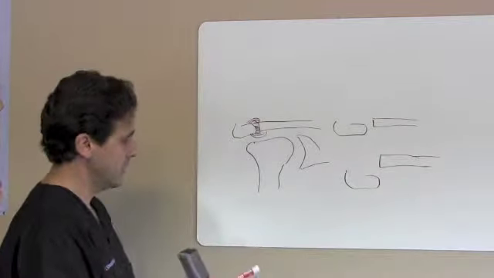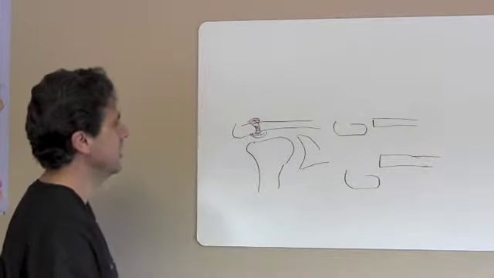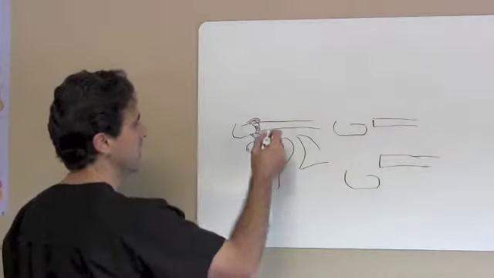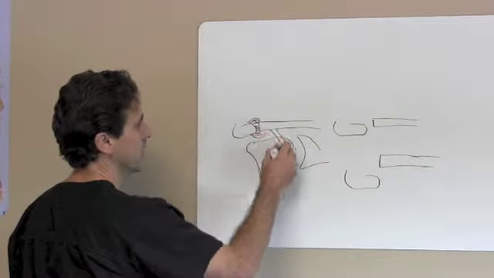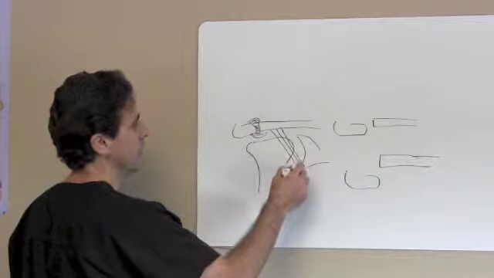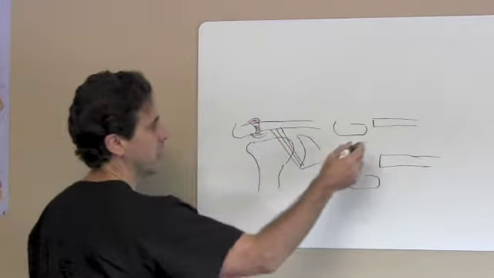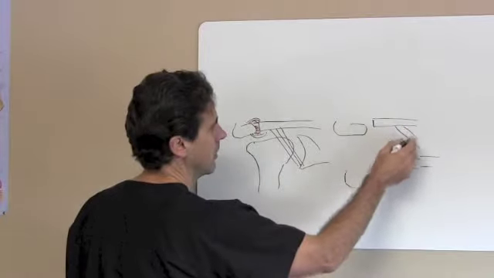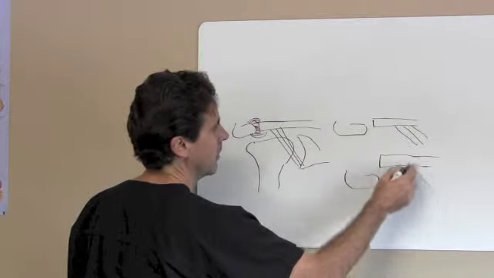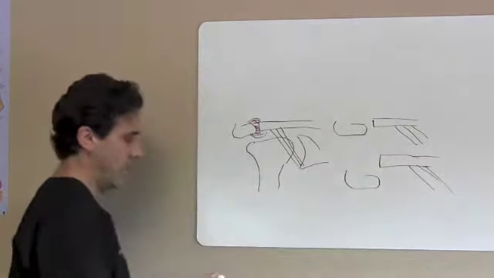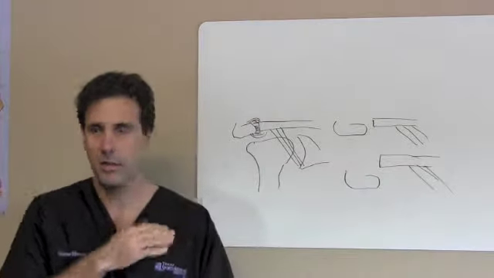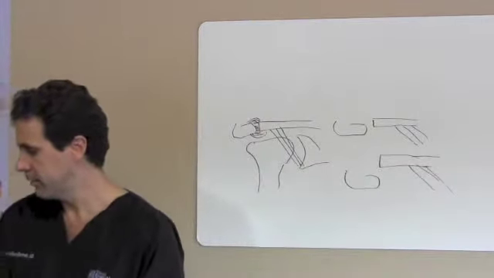Now on top of this, that I failed to mention, there are also some ligaments called the coracoclavicular ligaments that come down here as well, that I'm not really showing on this picture, but these come across here. That actually helps stabilize that clavicle and keeps it from popping up.